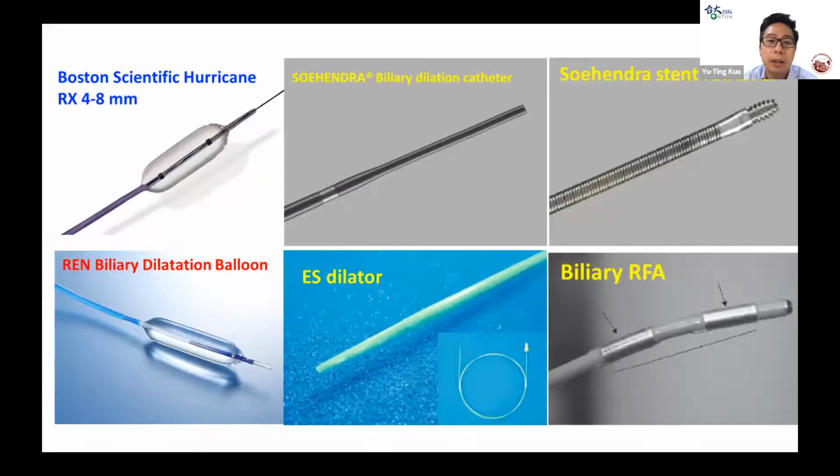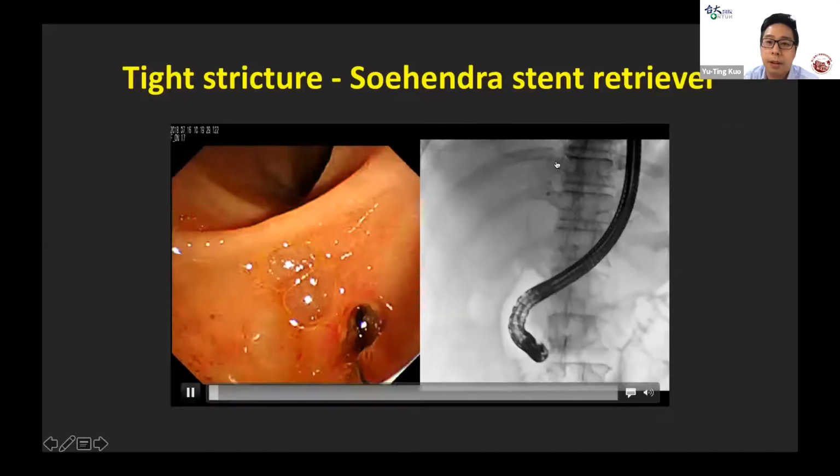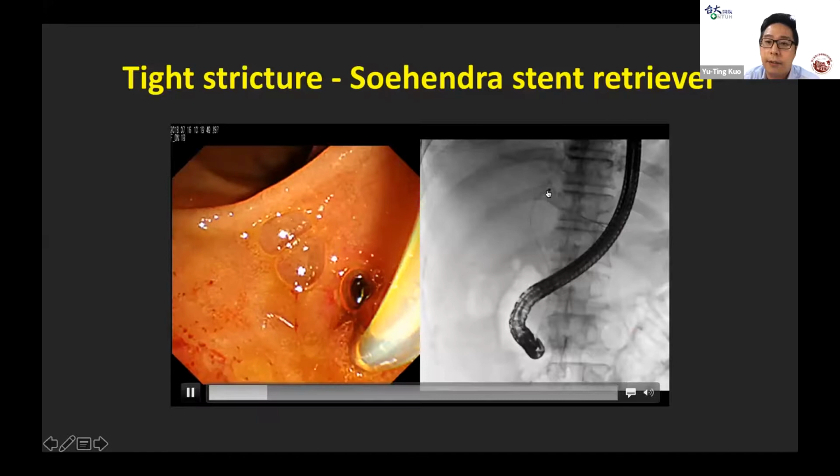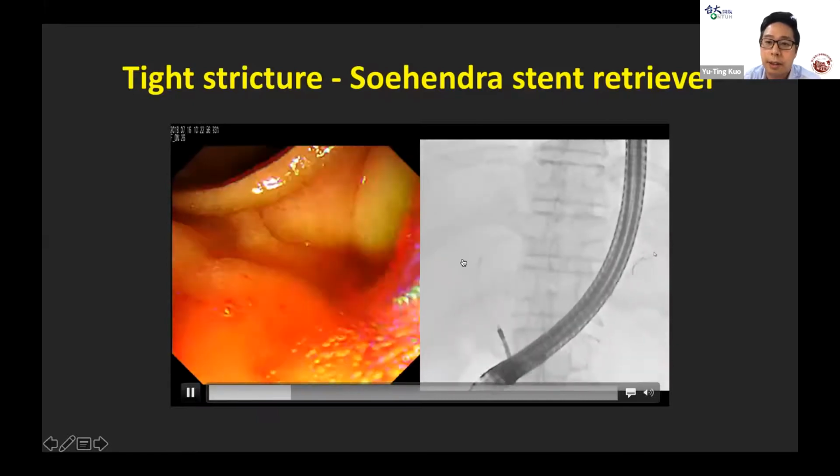Okay. How about dilatation? Dilatation is sometimes very important. We can use a dilatation balloon or mechanical dilators, and in very difficult cases you need to use Soehendra stent retrievers. Or just like this very tight stricture, even a 5 French catheter cannot go through.